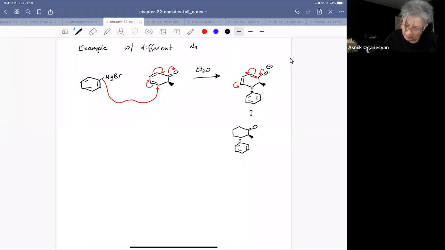And we will form the negative charge here. Now I want to spice up this problem just a little bit. Let's assume that we will put a substituent on this carbon. Let's put another metal group over here. So there is a metal group over here.